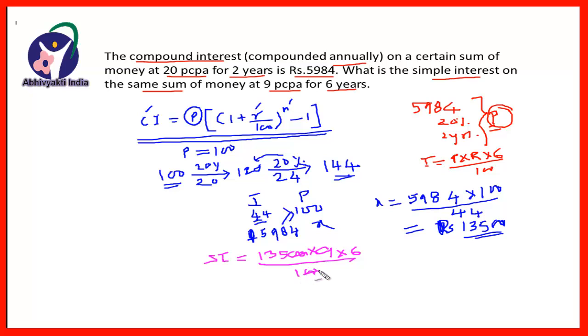So these two zeros will get cancelled, and so 135 into 9 into 6 gives you 7,344. So the simple interest on the same principal, that is 13,500 for 6 years at 9% per annum, is 7,344.